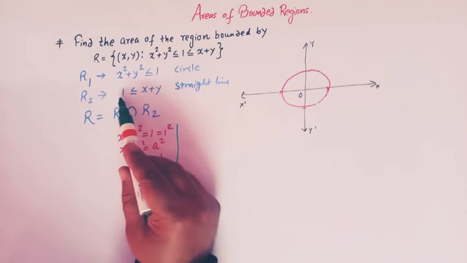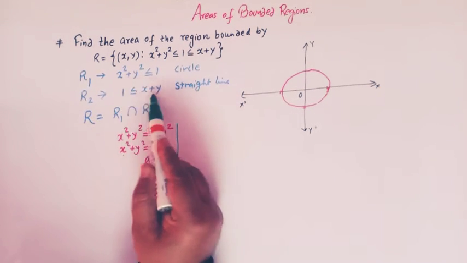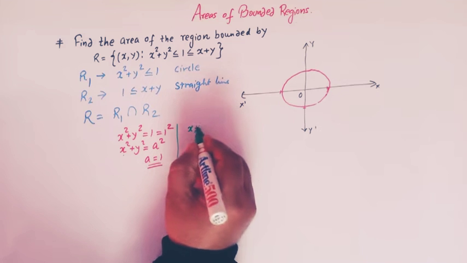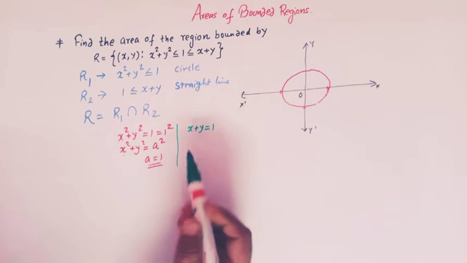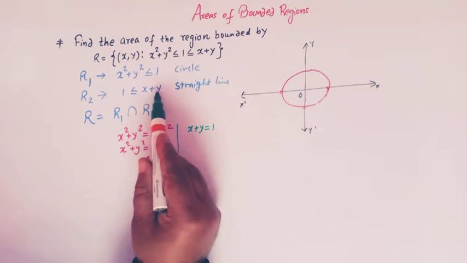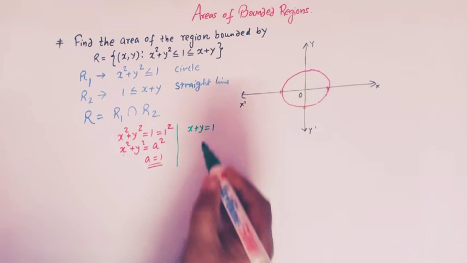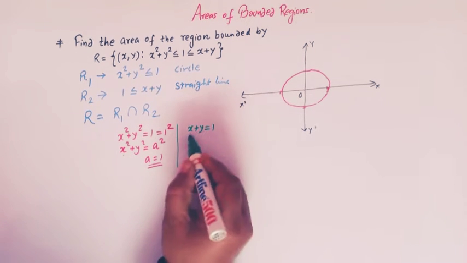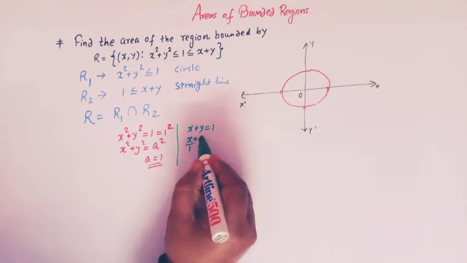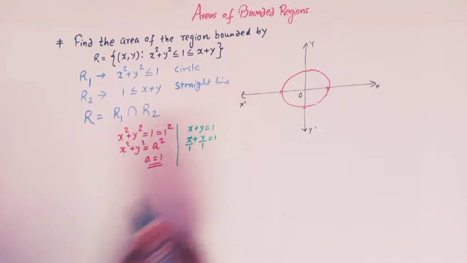Now the second equation which is given is the equation of a straight line, right? So we have the line x plus y is equal to 1, and if we convert this line into intercept form, we have x over 1 plus y over 1 is equal to 1.